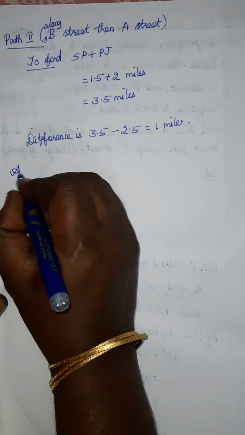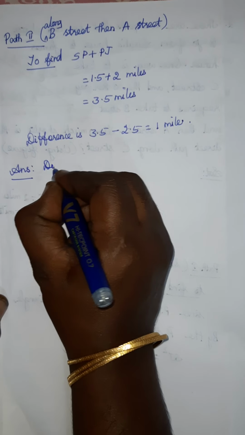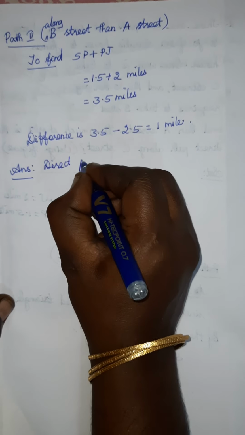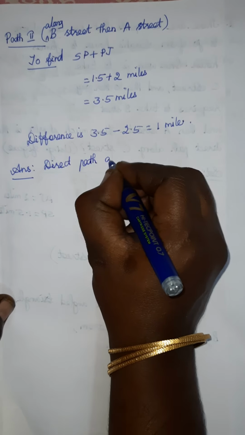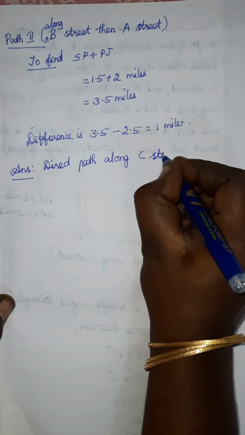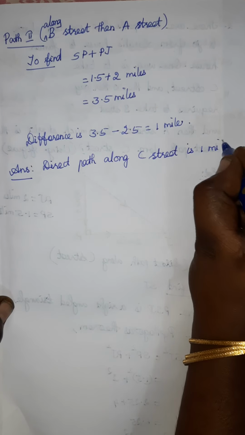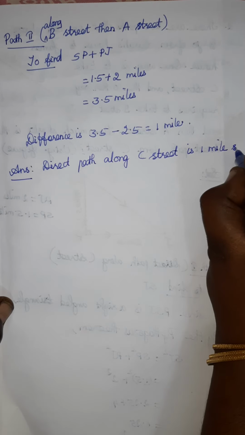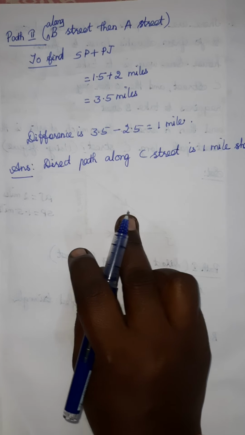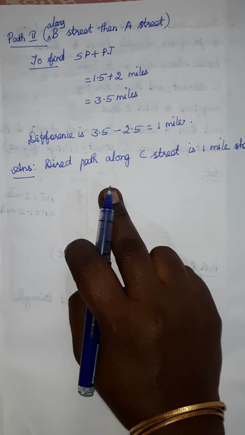So we can write the answer: the direct path along C Street is 1 mile shorter. This direct path is 1 mile shorter than the other path.